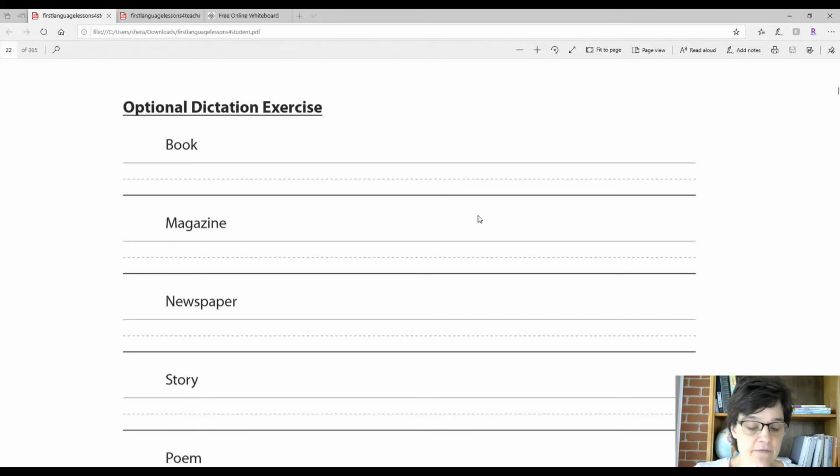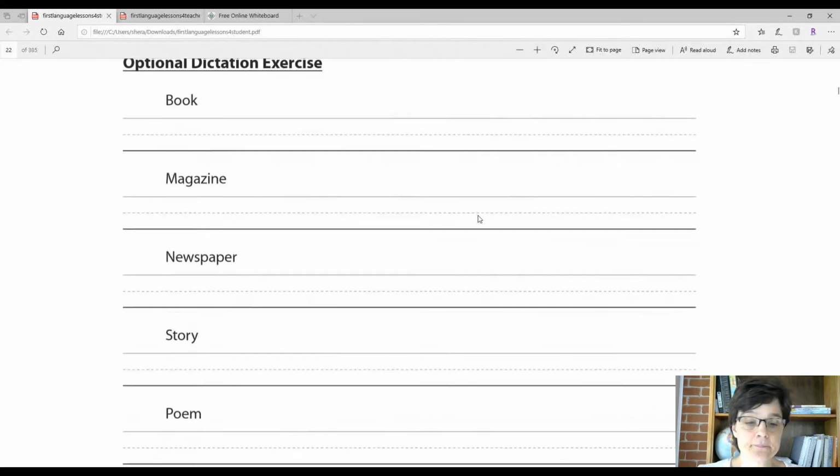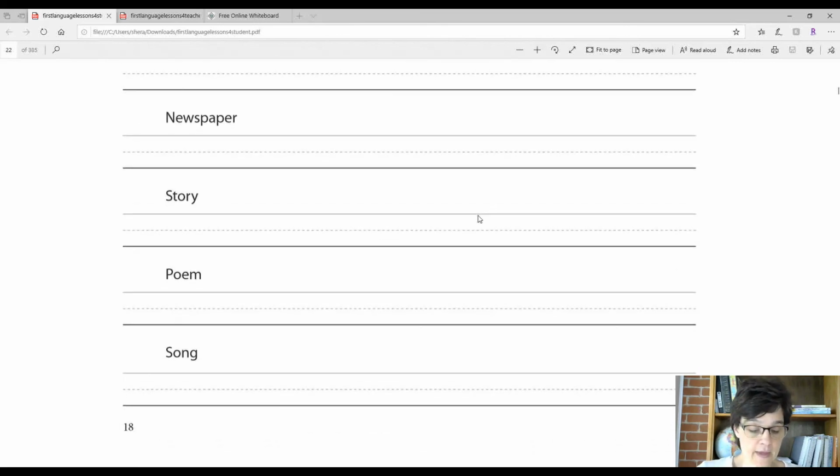Okay, the magazine I'd like for you to write is Jack and Jill. Okay, the newspaper I'd like for you to write is the New York Times. Okay, the story I want you to write is The Golden Touch.